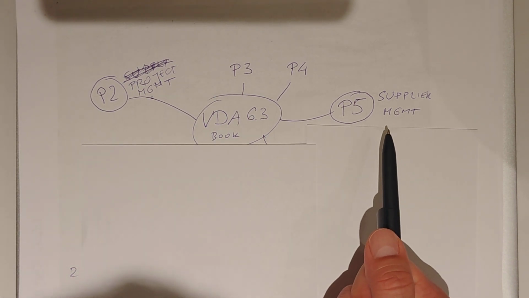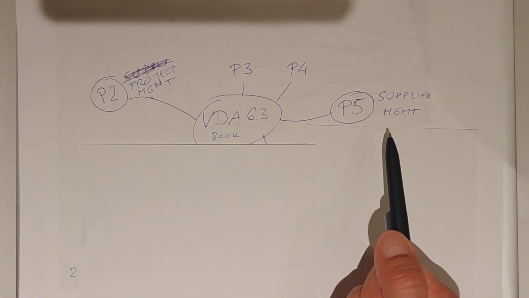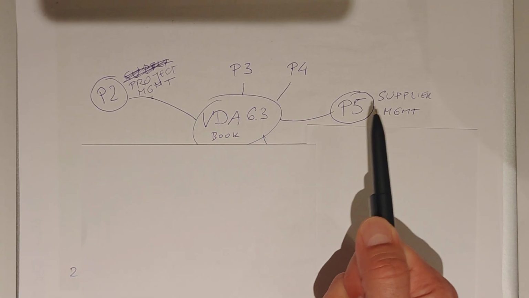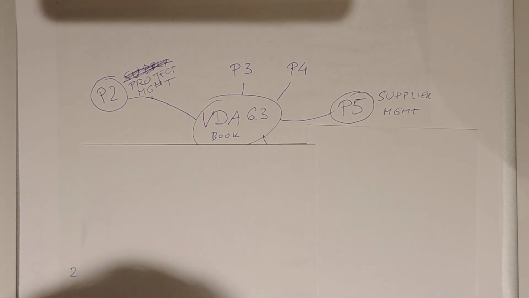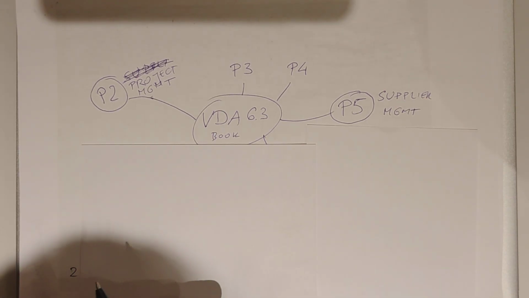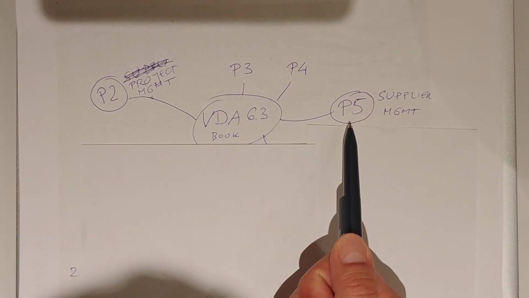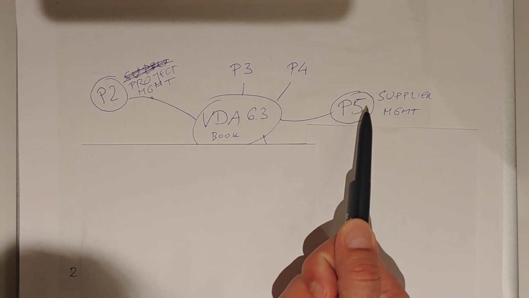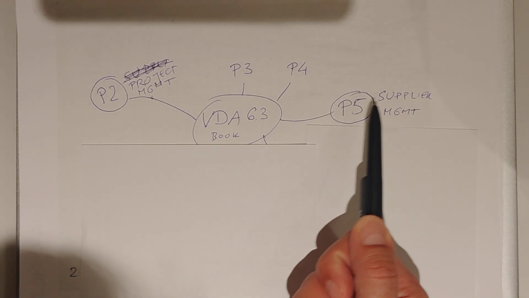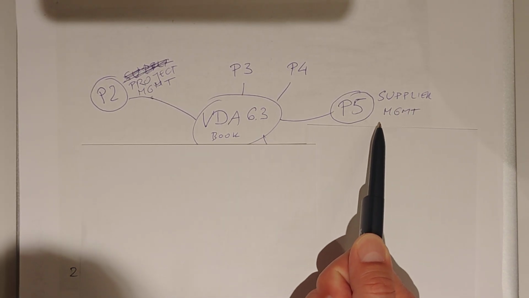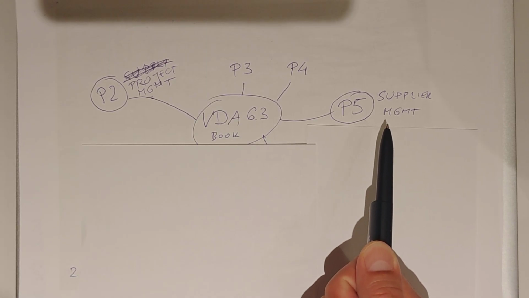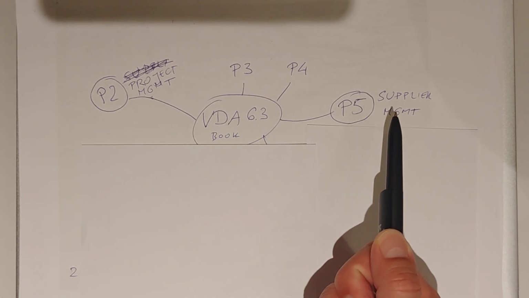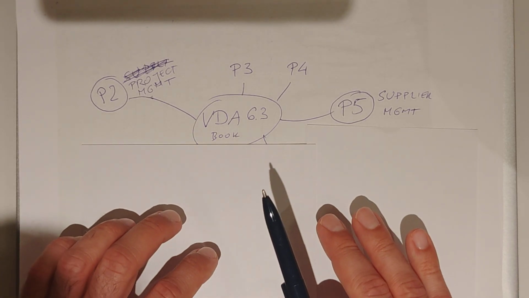What certifications does your supplier require from his suppliers? So P5 is the section of the VDA 6.3 book that has questions about how your supplier is dealing with their suppliers.